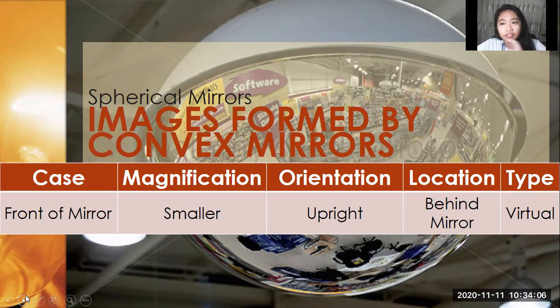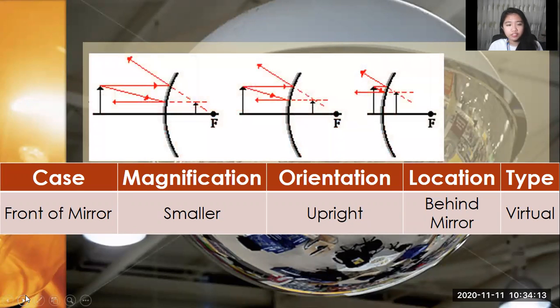But there is a relationship between the distance from the mirror and the image formed. As you can see, as the object goes closer to the convex mirror, the image becomes larger. Okay? So that's the only thing that you need to take note of in convex mirrors.